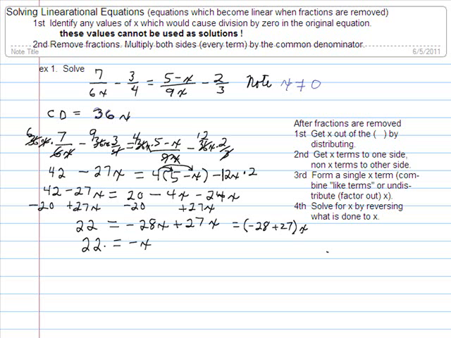And you've got negative x equals 22. Now, we're not solving for negative x. We're solving for x. So I'm going to now divide both sides by negative 1. And on the right side, I'll get positive x. And on the left side, I'll get negative 22.